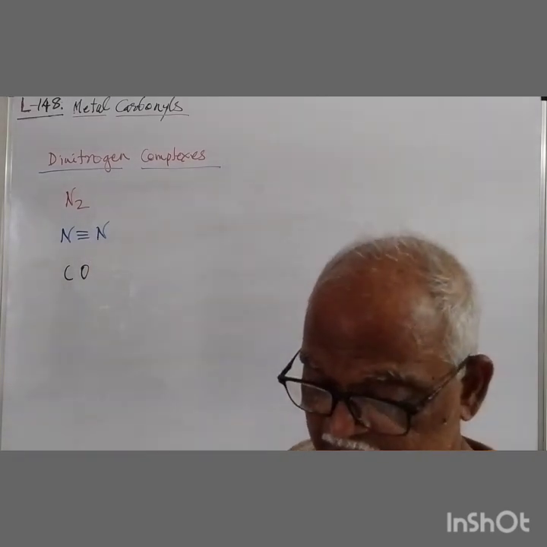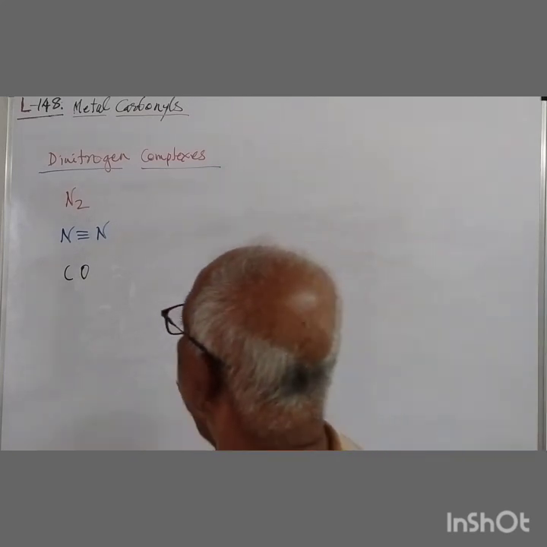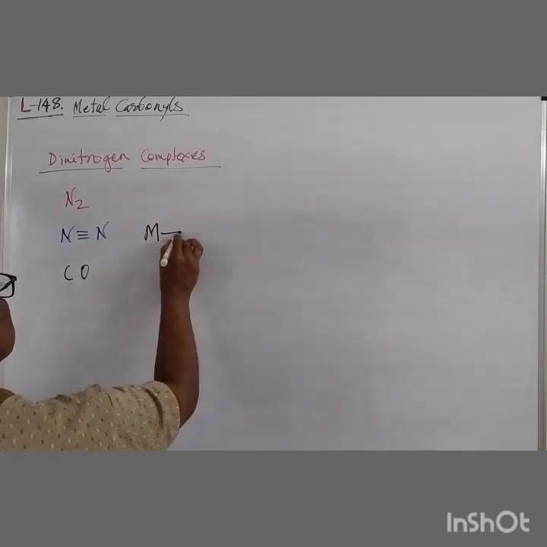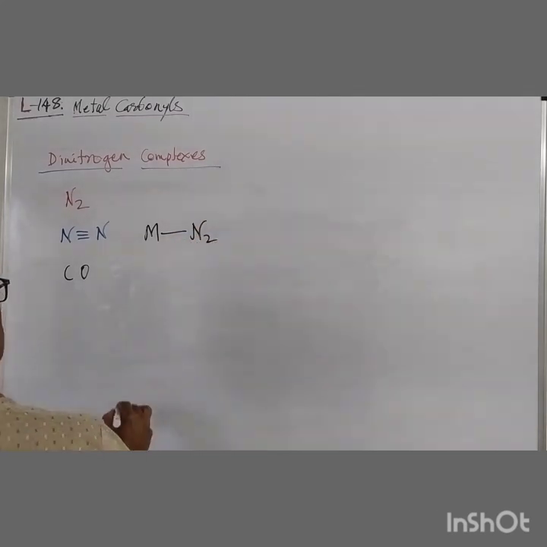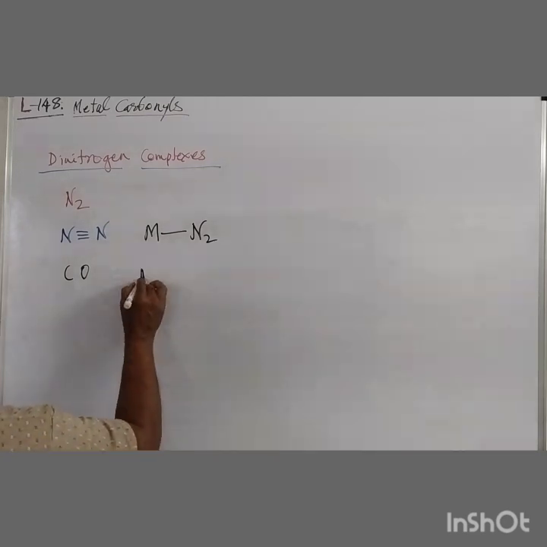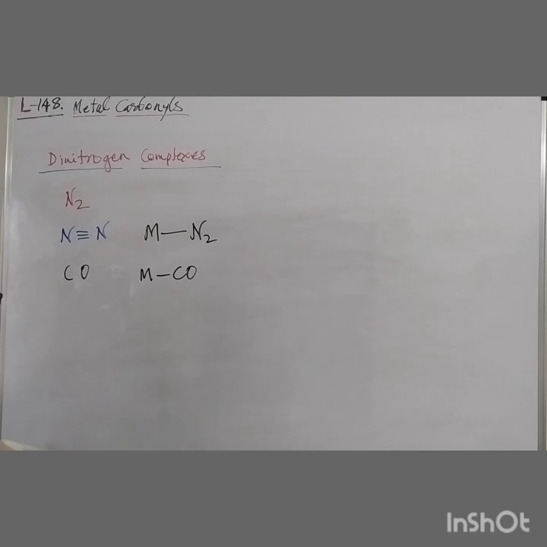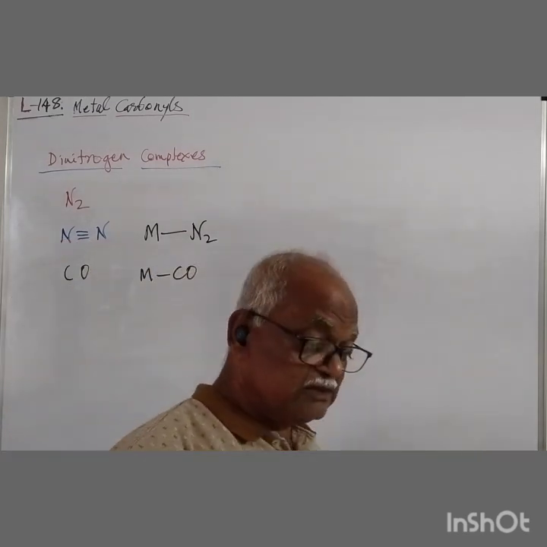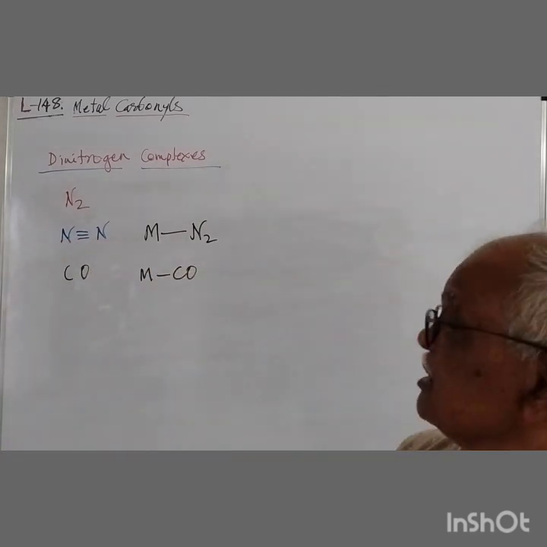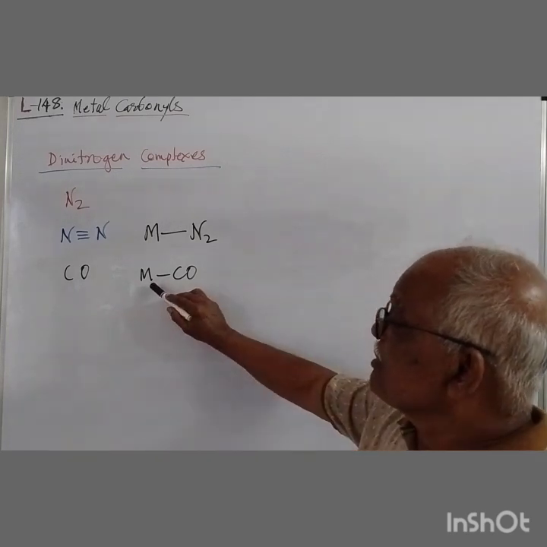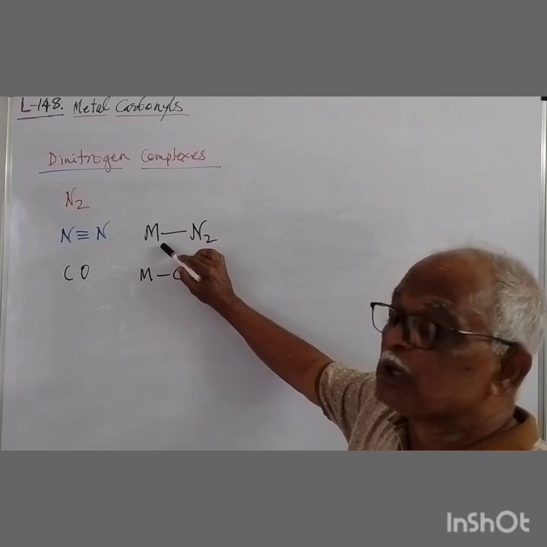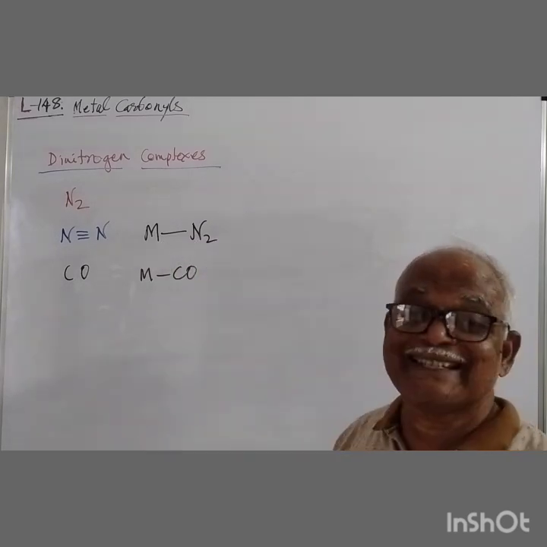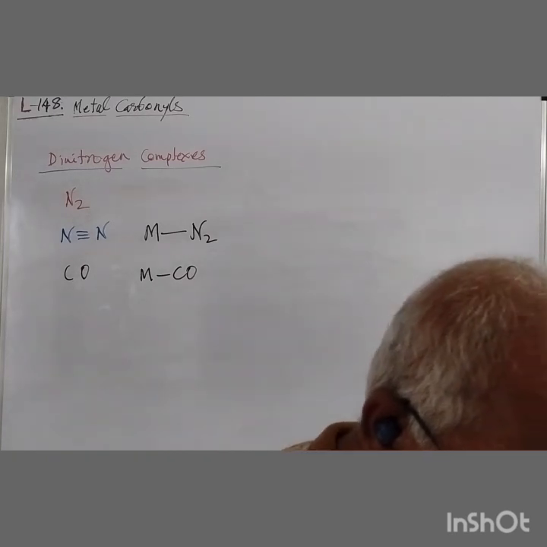Then if we see the metal nitrogen bond and compare this with the metal carbon monoxide bond, since the formation of the metal carbonyl bond is possible, the formation of the metal nitrogen bond is also possible.